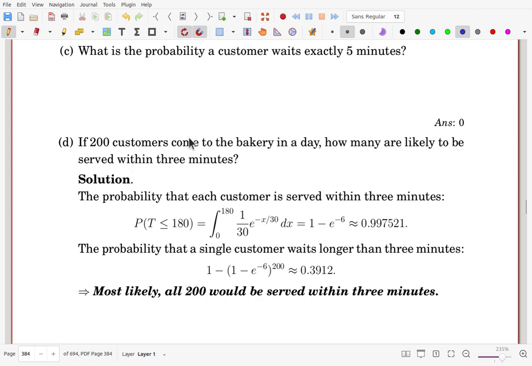If 200 customers come to the bakery in a day, how many are likely to be served within 3 minutes?